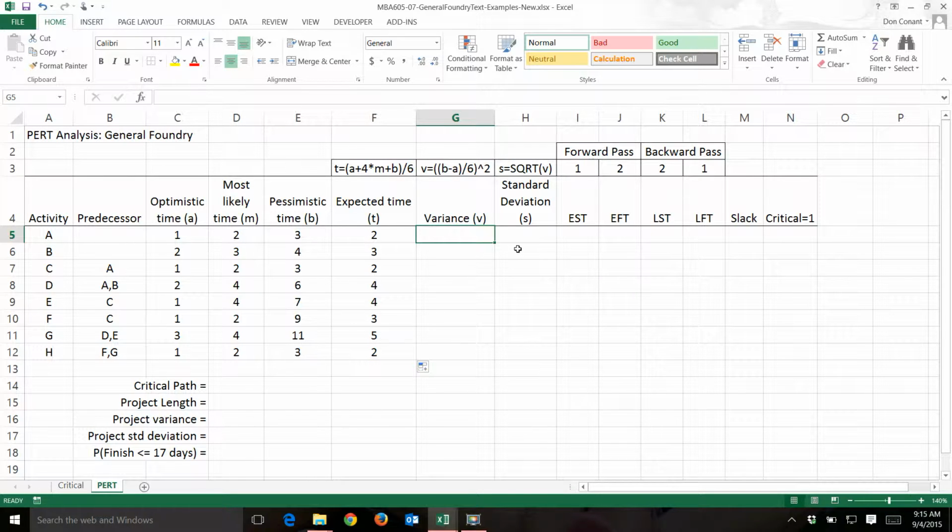The variance equals the pessimistic time, the largest value, minus the optimistic time, the smallest value, divided by 6 raised to the 2nd power.